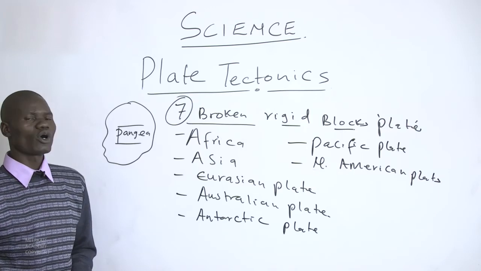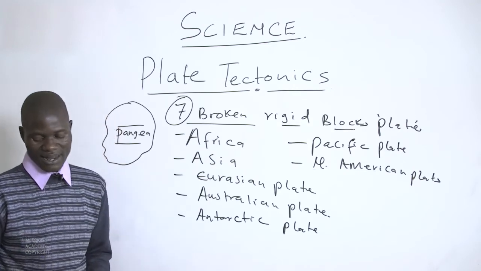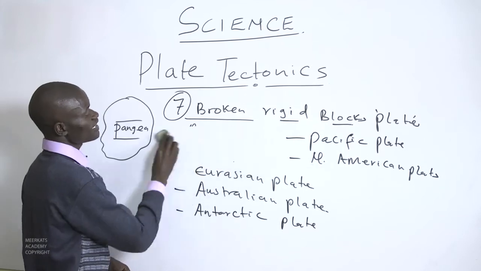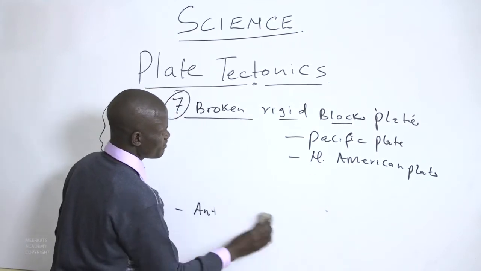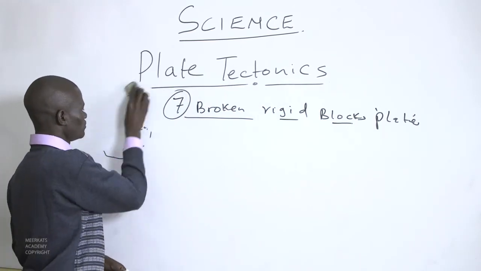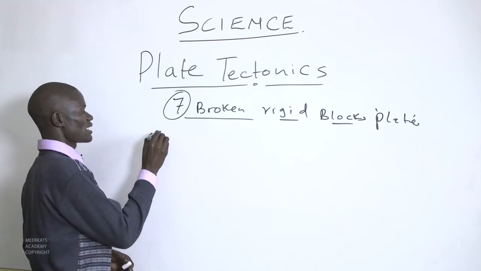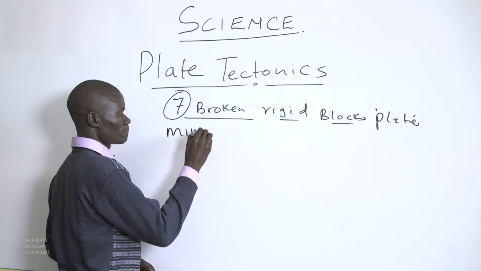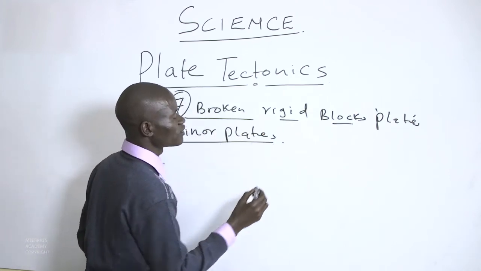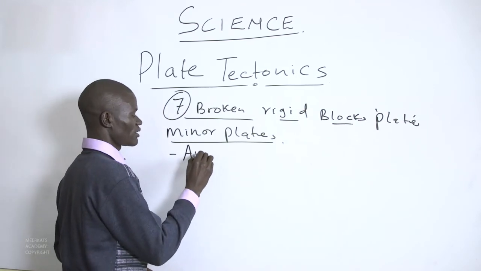And there are other smaller, minor plates that formed around these 7 huge plates. We will not fail to mention them. There are some minor plates that were also formed alongside these, and they include the Arabian Plate.